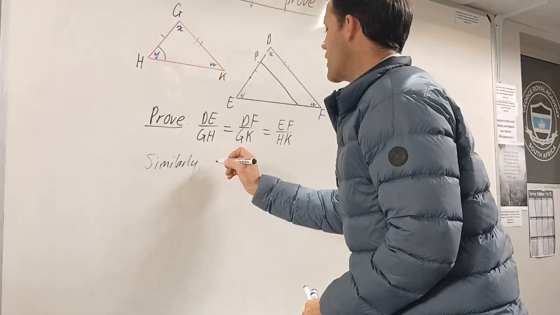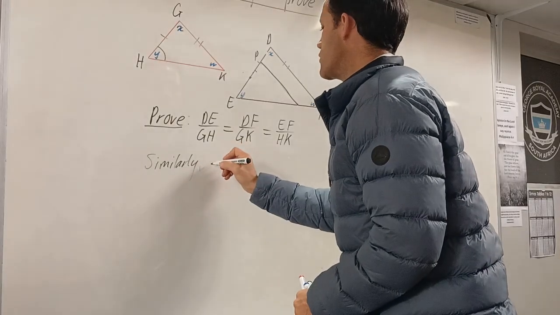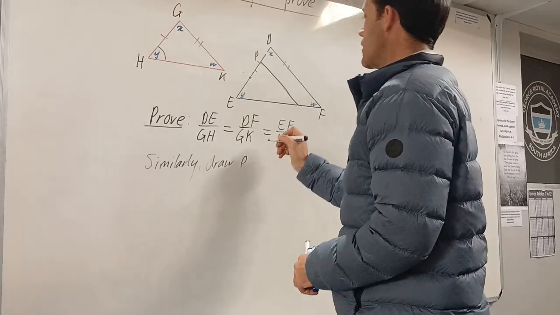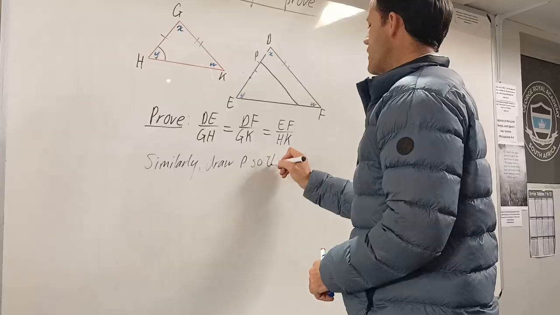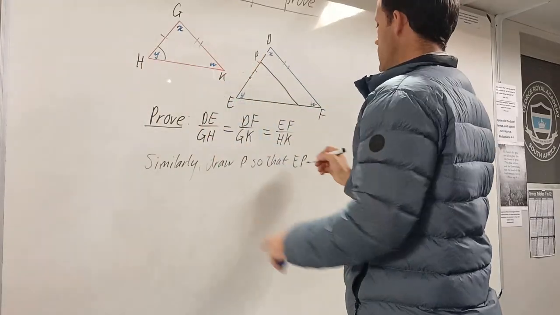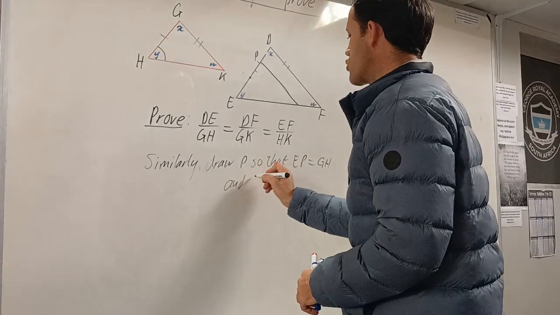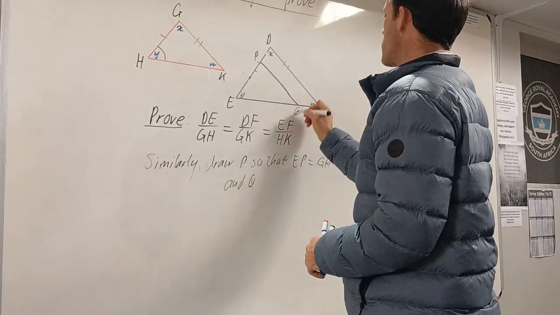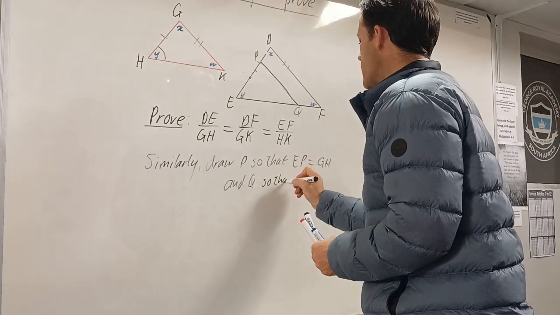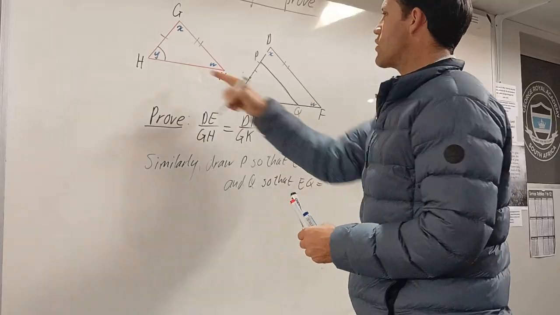Similarly, let's draw P so that EP is equal to GH, and let's call this Q, so that EQ is equal to HK.